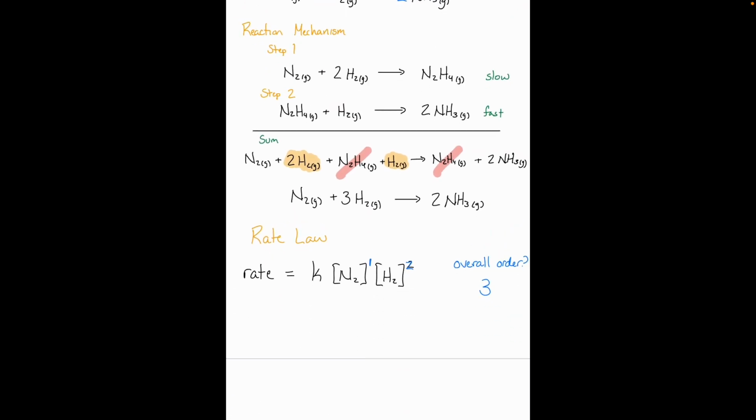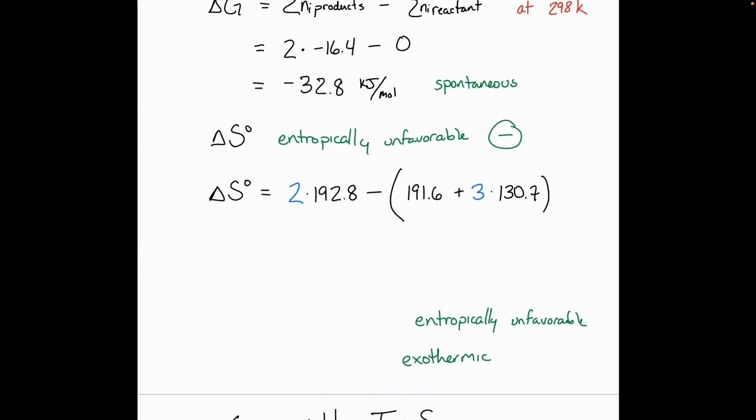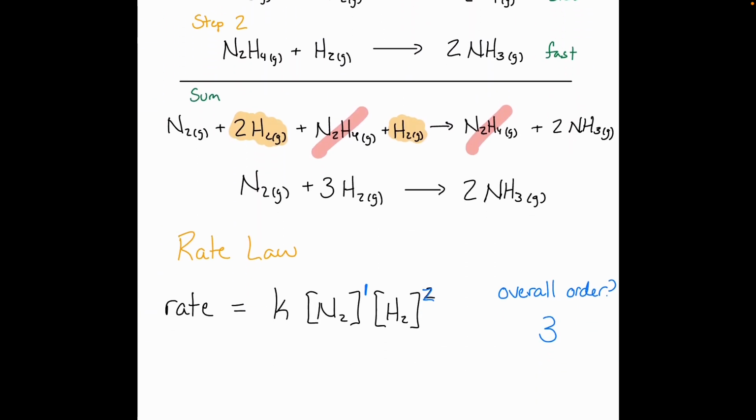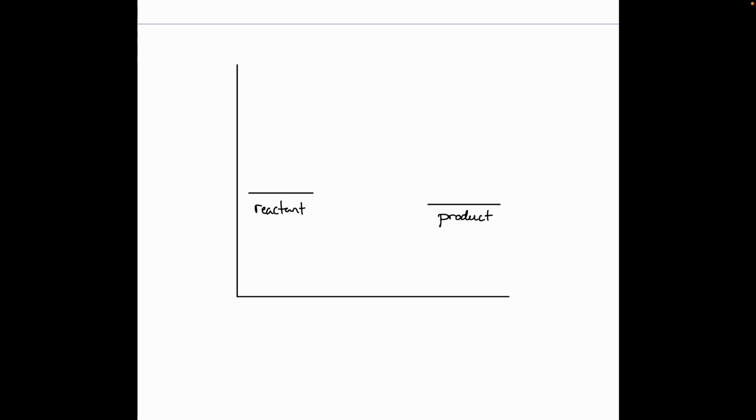Okay? And we could sort of demonstrate this using those free energy diagrams. Okay? So I'm just going to kind of arbitrarily say that this is my reactant energy. Okay, so here's my product energy. Importantly, since we figured out that the delta G naught of this reaction is negative, that this is a spontaneous reaction, where should this level go?